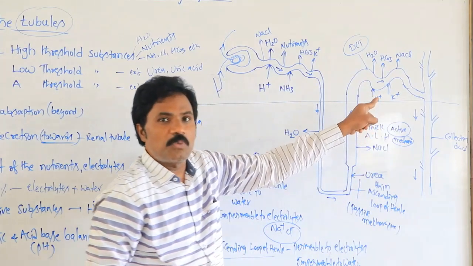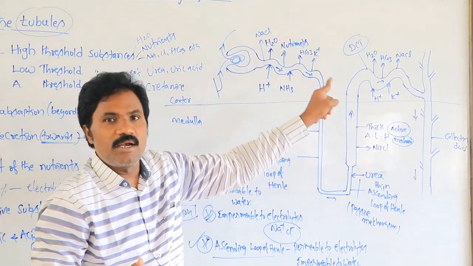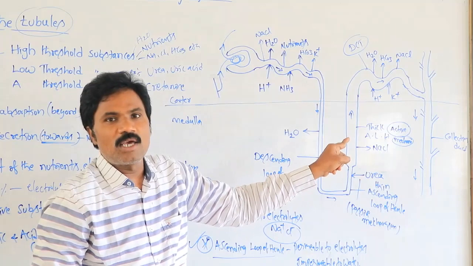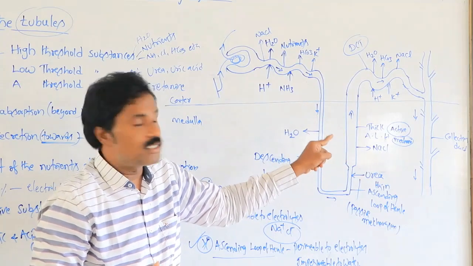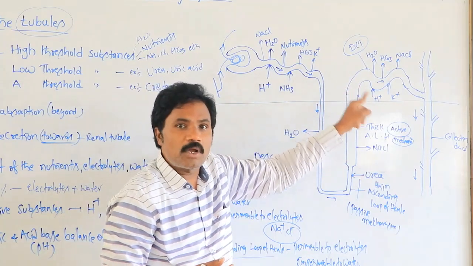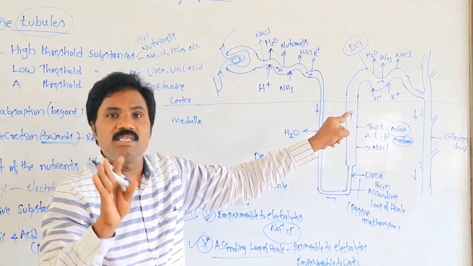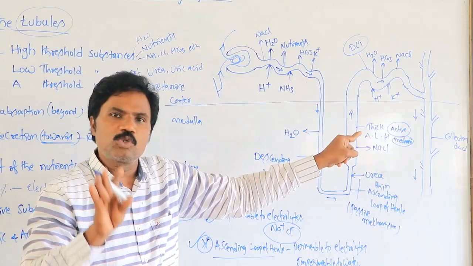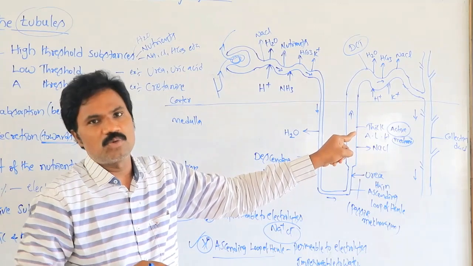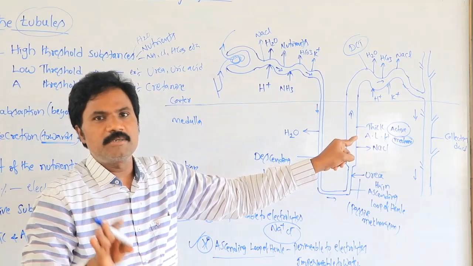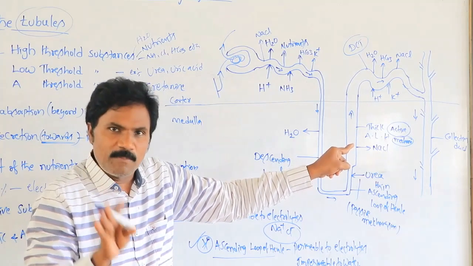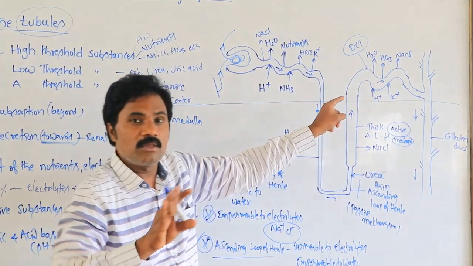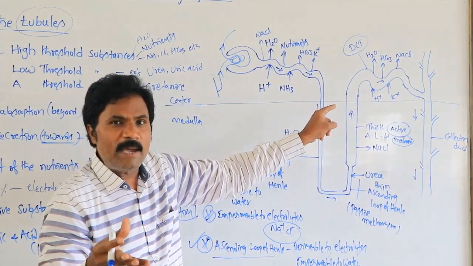Because of H+ and potassium secretion, it maintains ionic balance. What type of ionic balance? Sodium and potassium ionic balance in the blood. Apart from this, it maintains the acid-base nature also. Here also there is cuboidal epithelium, no brush border, so reabsorption is not maximum.